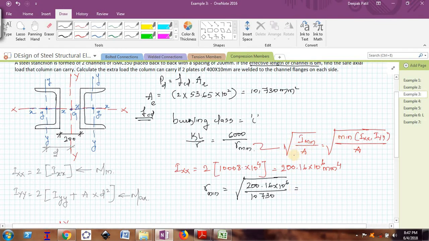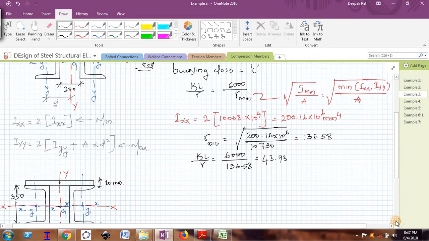So R minimum I am getting 136.58. So I will substitute that value in KL by R, that is KL by R is equal to 6000 divided by 136.58, which is 43.93.